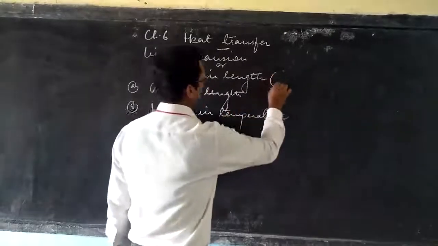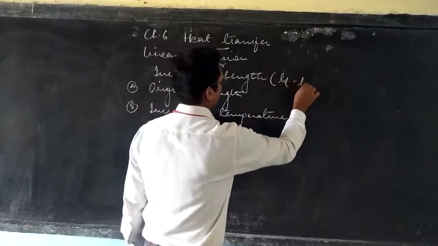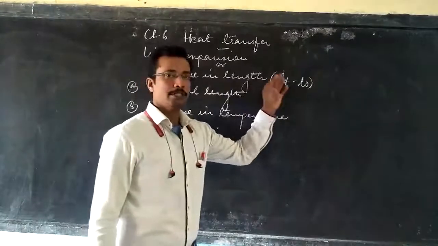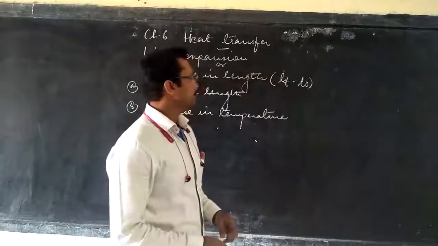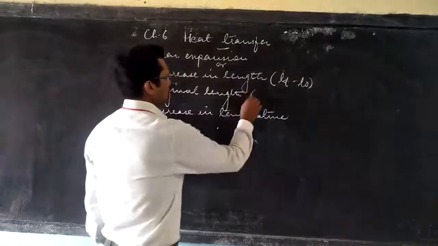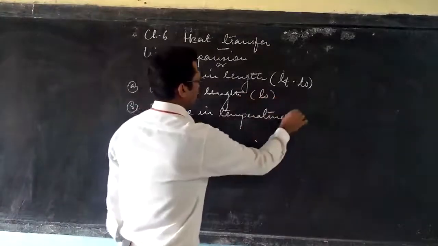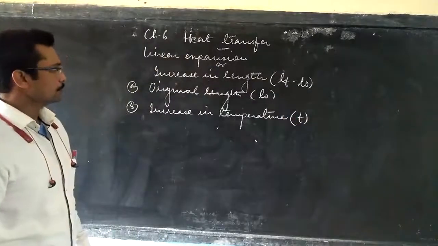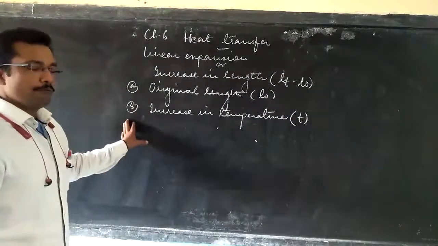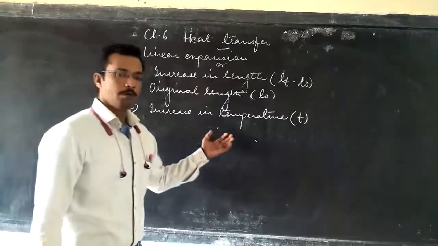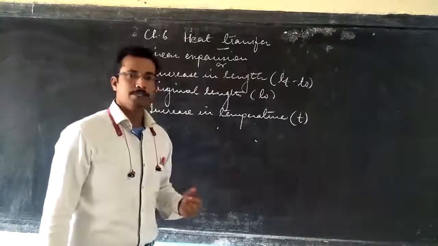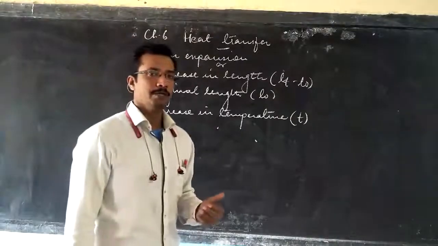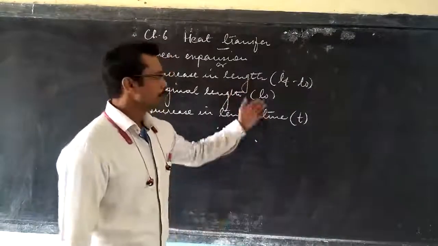Increase in length is final length minus original length. LT means the final length when a rod is heated to a temperature T. Original length is LO, and increase in temperature will be T. We have one more factor, which is the material of the rod, but we are not using this. We are going to derive a mathematical expression for increase in length using these two factors.